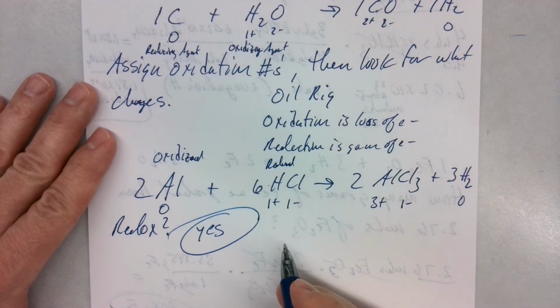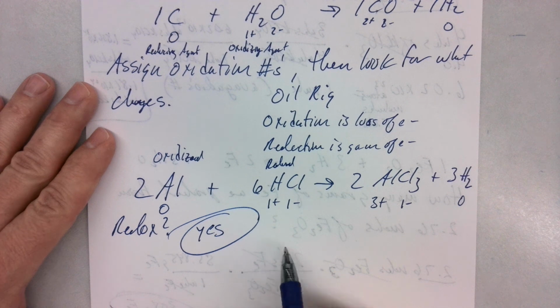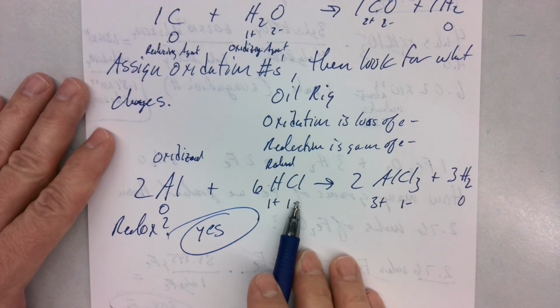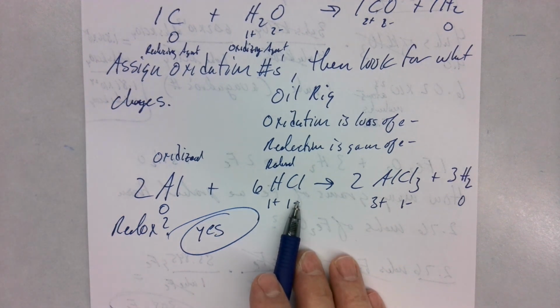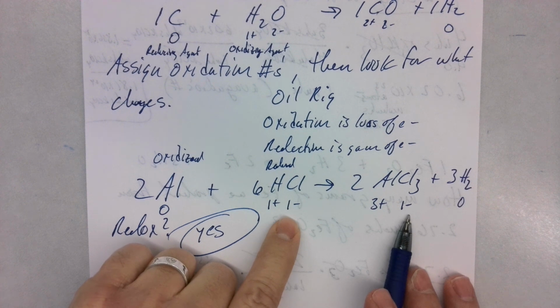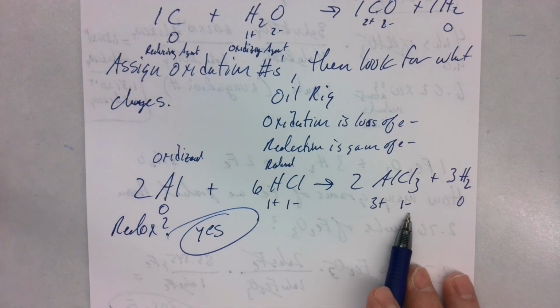How do I know it was the hydrogen? You're right, but even if I didn't know that, would I be able to figure that out? What did chlorine not do? It didn't change, so it can't be either. Does that make sense? But he's right.